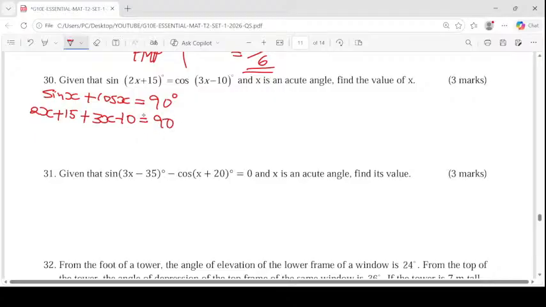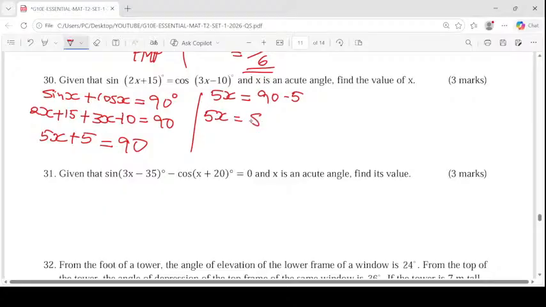This should be 90. Collecting like terms, 2x plus 3x becomes 5x. 15 minus 10 is going to be plus 5, equal to 90. When you collect like terms, 5x is equal to 90 minus 5. 5x here will be equivalent to 85. Then x, when you divide through, x becomes, is it 17? Because I expect 85 divided by 5. Yes, x is exactly 17 degrees, which is an acute angle.